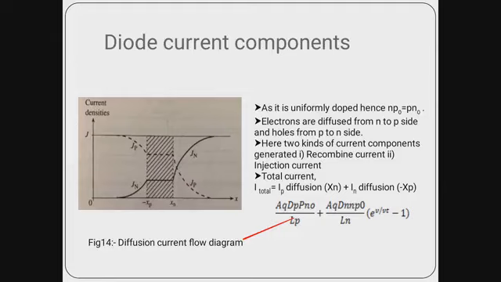It tells us the number of electrons flowing per unit time that are recombined with the minority carriers and go to the p side, which eventually contributes diffusion current on the p side, denoted by IN diffusion, electron diffusion in p side. And similarly, the number of holes coming from p to n side is denoted by IP diffusion. And another current is called the injection current.